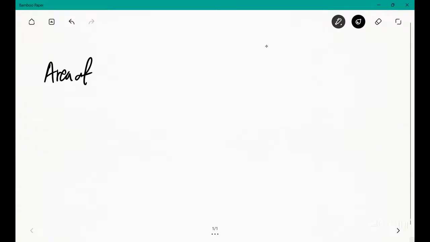One question in your past paper is very direct. They're giving you the area and the height, and they're asking you the radius. So they can ask you direct questions, or they can ask you indirect questions. So let's do this.